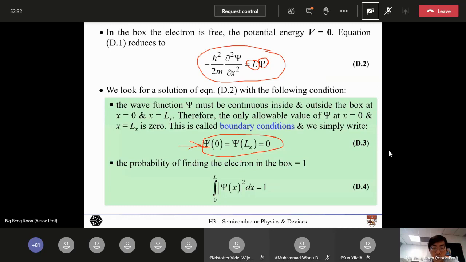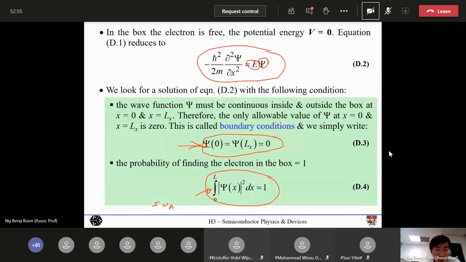So the other condition you can use to solve the Schrödinger equation is this: if you sum up all the probability of finding electrons within the well from 0 to L, that translates to integration. The integration sign is like a summation.